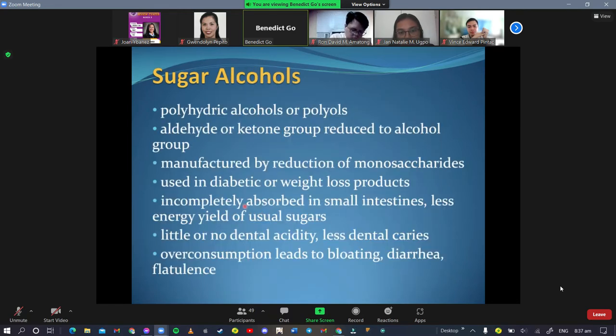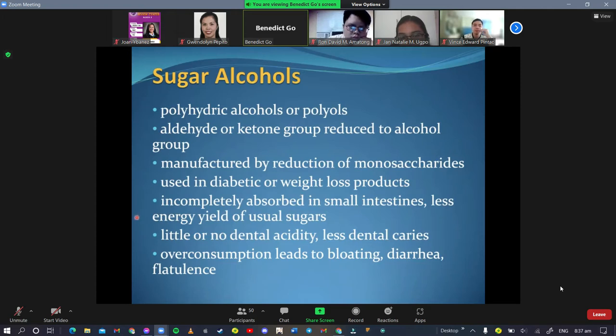Okay, now sugar alcohols, these are polyhydric alcohols or polyols. Their aldehyde or ketone group is reduced to an alcohol group. We'll see that later on in the illustration. As for their uses, they're manufactured by the reduction of monosaccharides. They're used in diabetic or weight loss products.